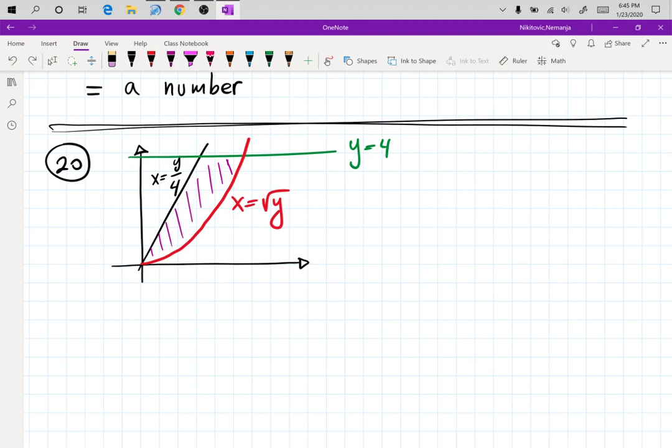So if I draw dy, which is the horizontal representative rectangle, as this rectangle slides from the bottom all the way to the green line at the top, you see that it always rides black and red functions only, which means a single integral. Anytime any of the extreme points of the rectangle has to hop from one function to another, you are introducing another integral.